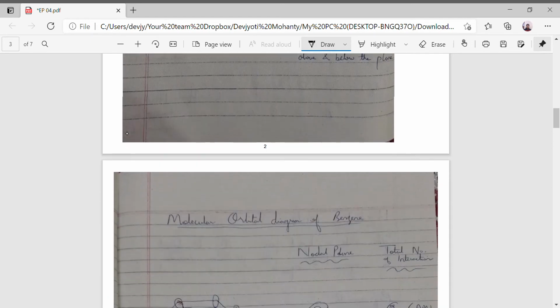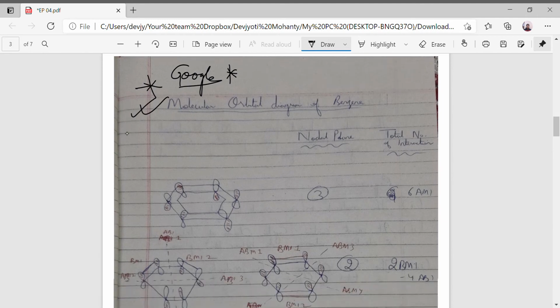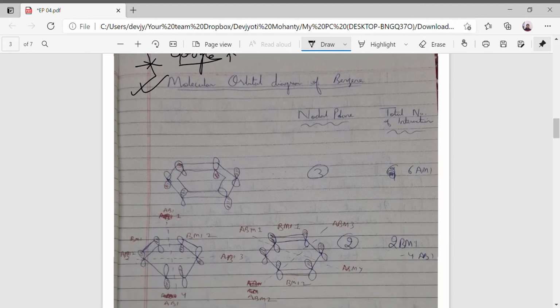I would request you to see the molecular orbital diagram of benzene from Google, as I have not made it clear. Or else if you want, then I can make a separate video on it.